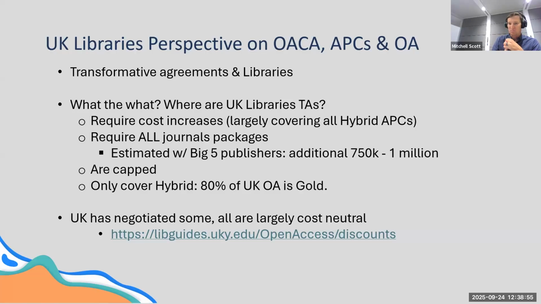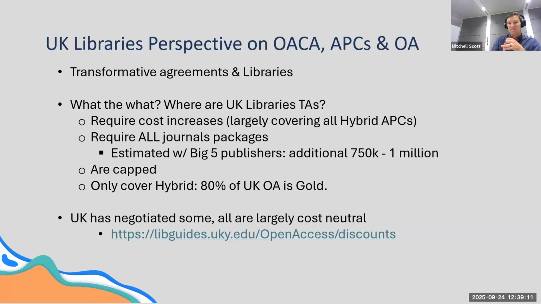These deals are being pushed by publishers as a way to transition more to open access, and the obvious desire from stakeholders like researchers and funders and librarians for more open access output.